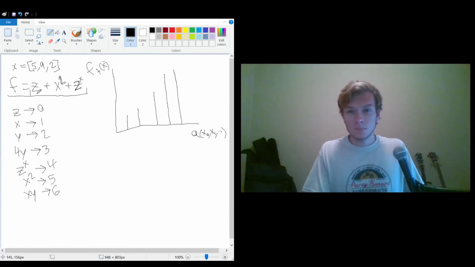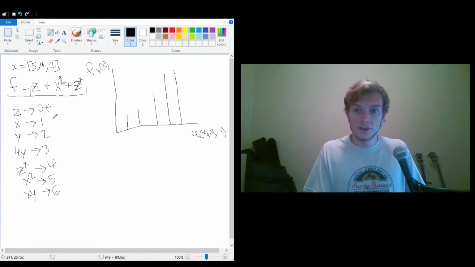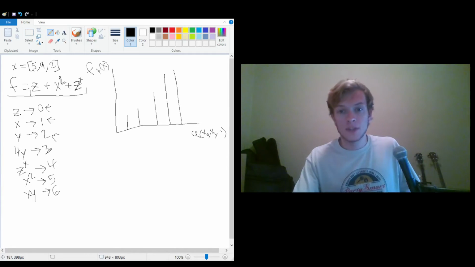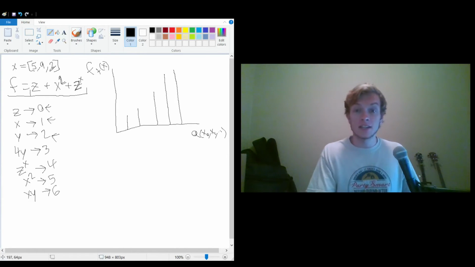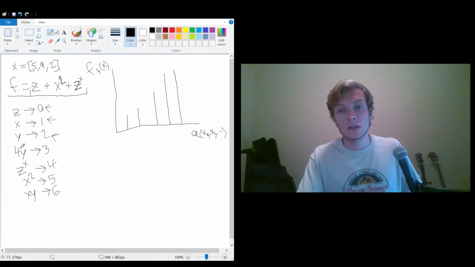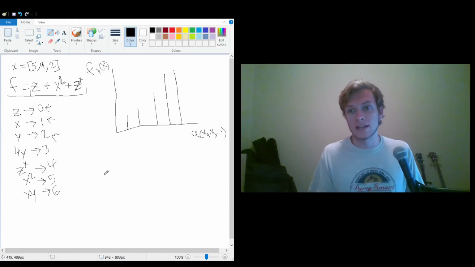Then it will look at which variable is in that index spot, and it will plug the data point into the function that index is associated with, and spit back out the answer with that data point.